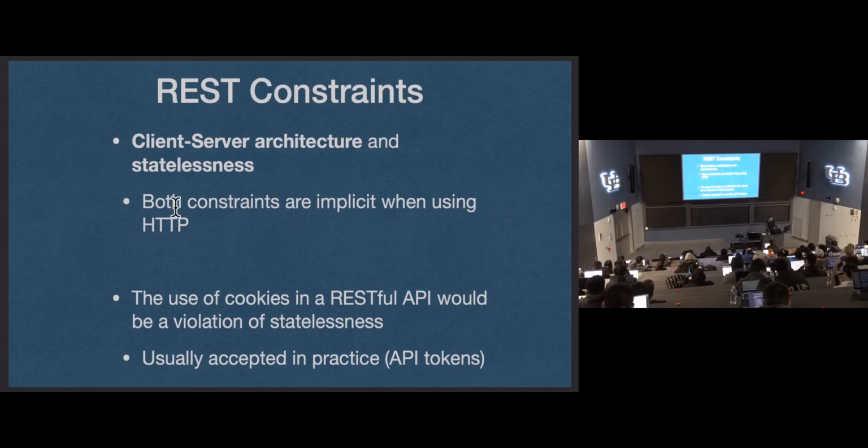When we get to cookies, this is usually broken in a lot of APIs that we'll still call RESTful APIs because you want some API token. You want some state with the requests, with an API token, to be able to do things like rate limiting and validating access. Technically, that violates REST. I don't care. Nobody cares.